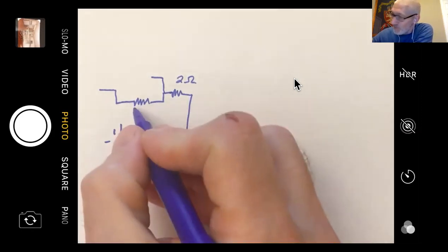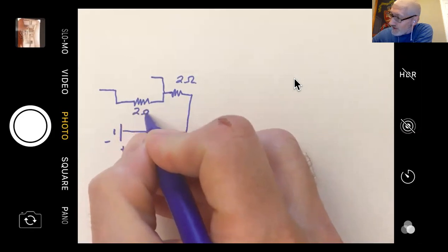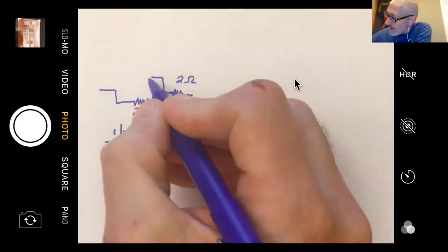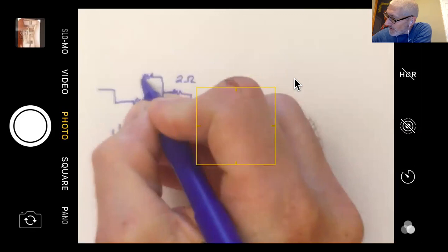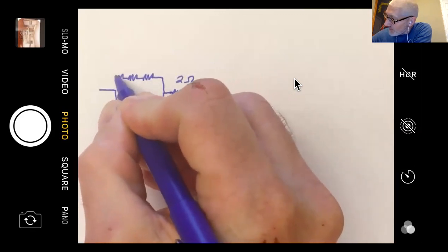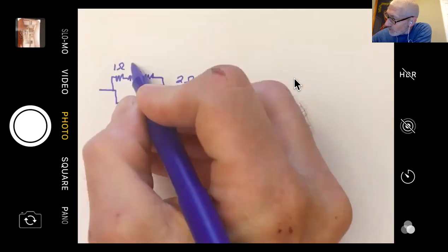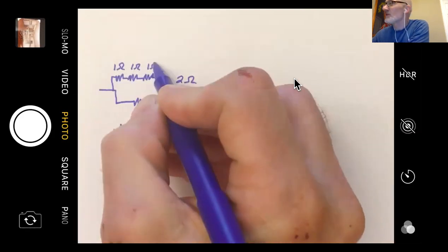In this case, the light bulb turns it into light and heat. We had a light bulb hanging out down here that was 2 ohms. And then in this little stretch up here, I actually had 1, 2, 3 squiggles. Each of those squiggles was a 1 ohm resistor, 1 ohm resistor, 1 ohm resistor.